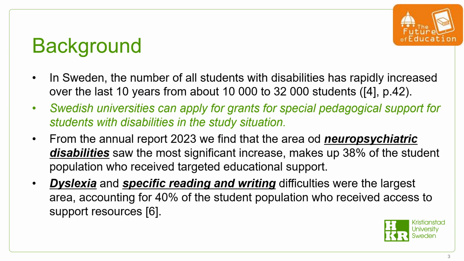We could also read in a report in 2023 that the largest area, accounting for 40% of the students' population with disabilities, are the students with dyslexia and specific reading and writing difficulties.